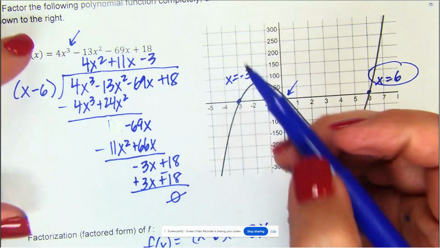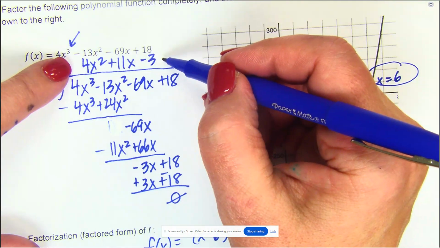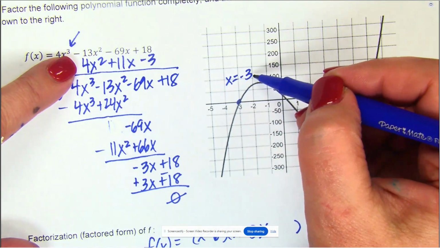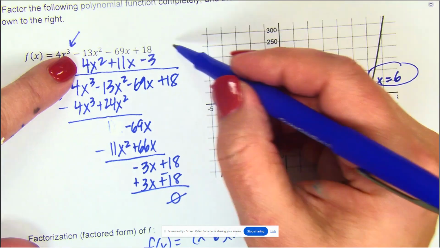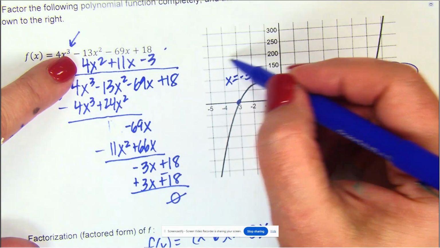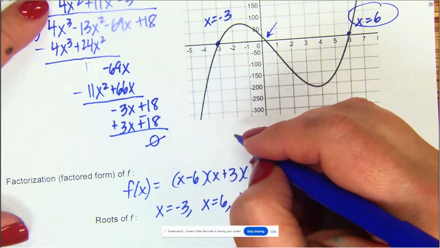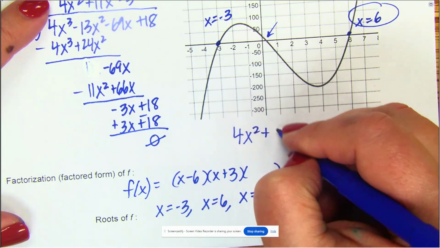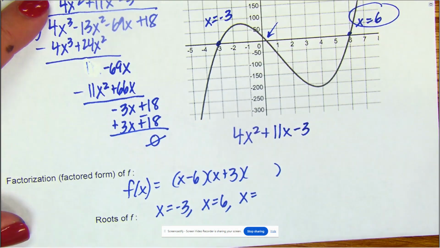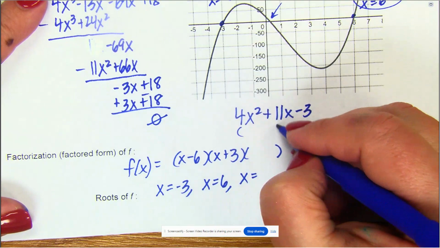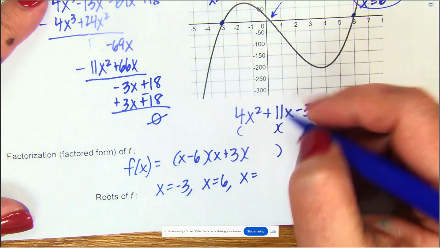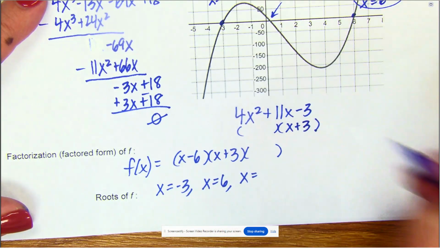Okay, so now look, we have a quadratic. You can do 2 things. You can either take this one and divide it by this one, or you can just factor this. You already know this is one of the roots. I'm going to go over here. I have 4x squared plus 11x minus 3. This one I know breaks down to 2 more, but I know one of them is that one, the plus 3.